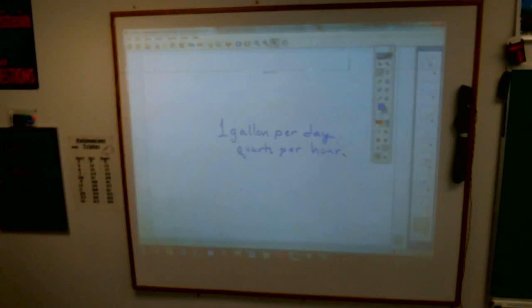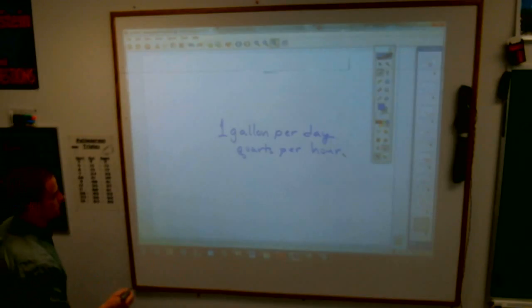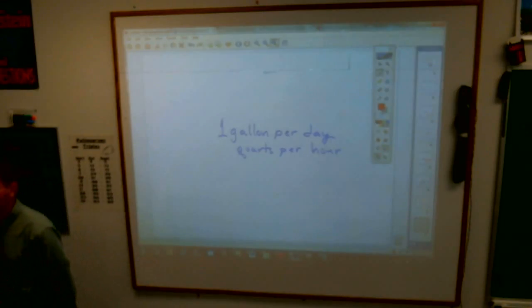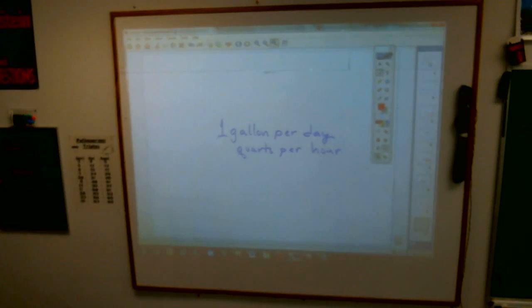There are 4 quarts in a gallon, and there are 24 hours in a day. You may end up with a number on the bottom here. So the question is, what do we do with that number on the bottom?